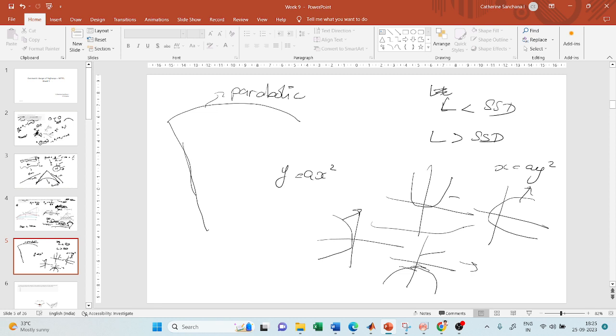And these two will have an equation of y equals ax square, one having y equals plus ax square and the other y equals minus ax square. So based on this formula, you know how a vertical curve looks, as if it has an equation of y equals ax square.